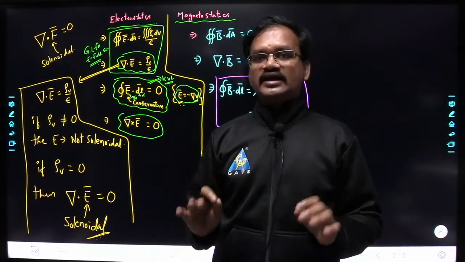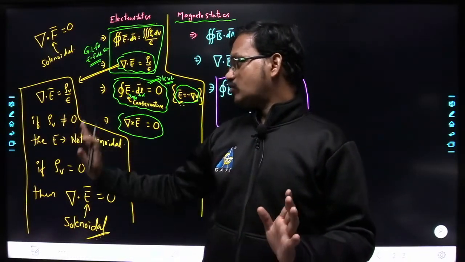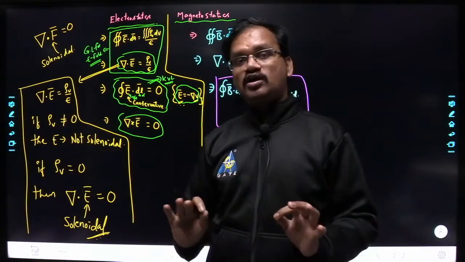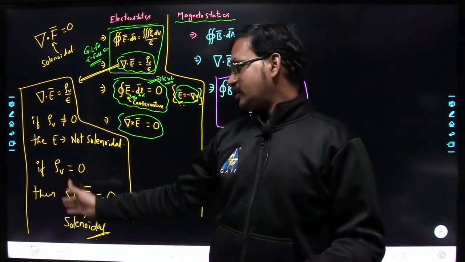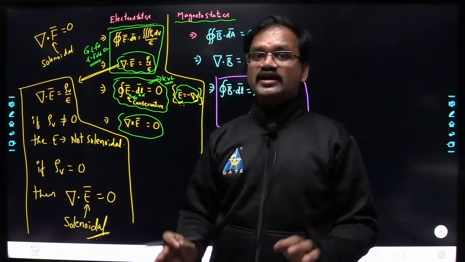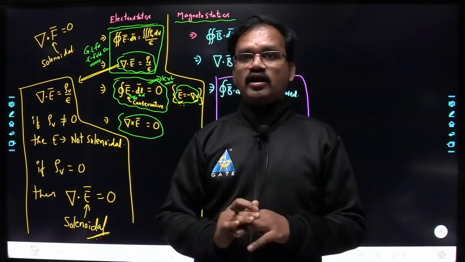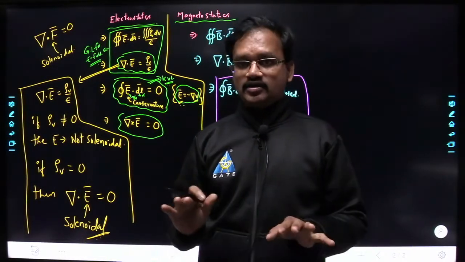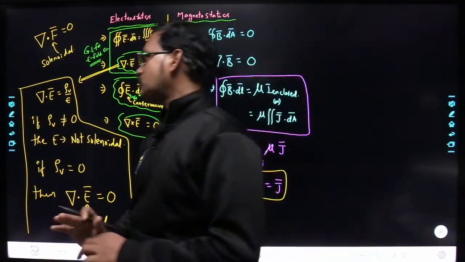If you are considering a charged region, then rho v is not equal to 0 and the electric field is not solenoidal. If you consider a charge free region, then divergence of E bar is equal to 0, and you can say the electric field is solenoidal. But in general you cannot guarantee that. It all depends upon the rho v value. Understood? Okay. So that's what you have to understand.